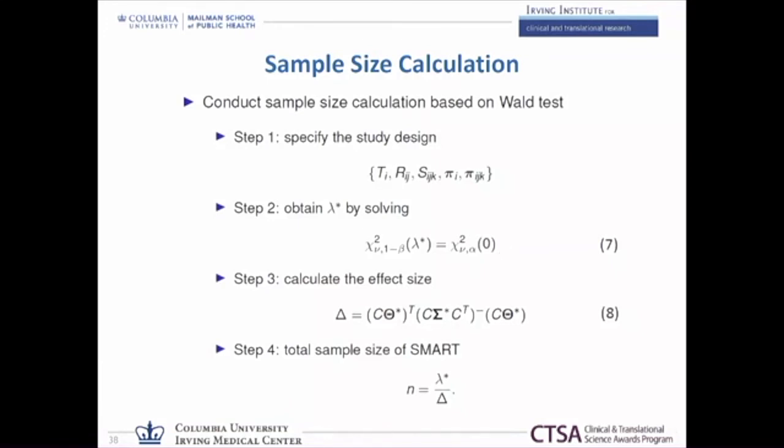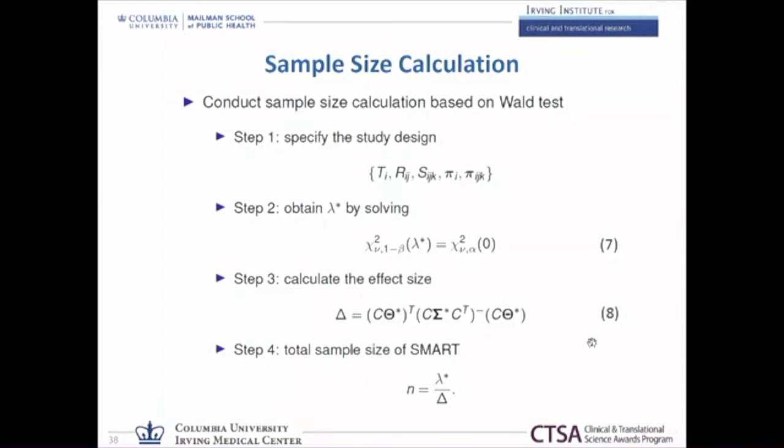And then we need to calculate the effect size delta using formula A. Here, C is the contrast matrix we just saw. Theta star is the target adaptive intervention value, and the sigma star is the target asymptotic variance covariance matrix.